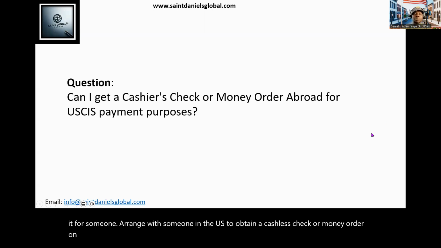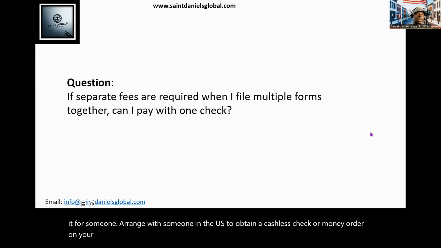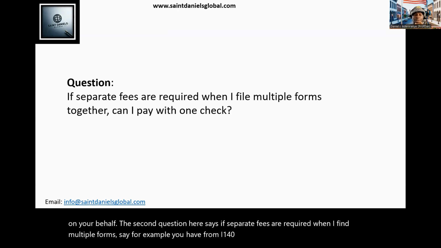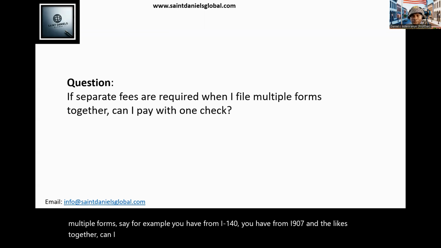The second question here says, if separate fees are required when I file multiple forms, say for example, you have Form I-140, you have Form I-907 and the likes, can I pay with one check?